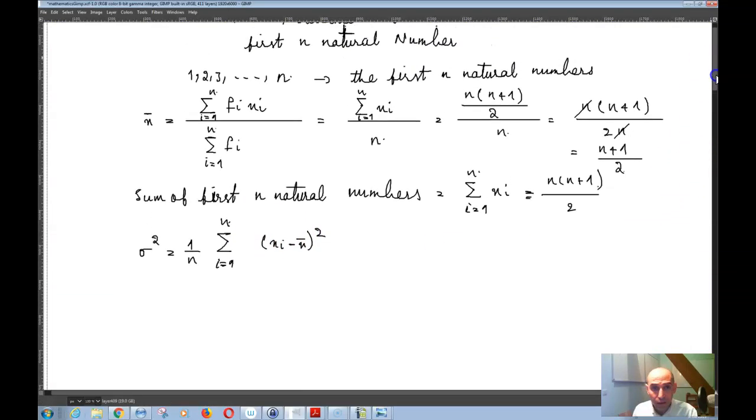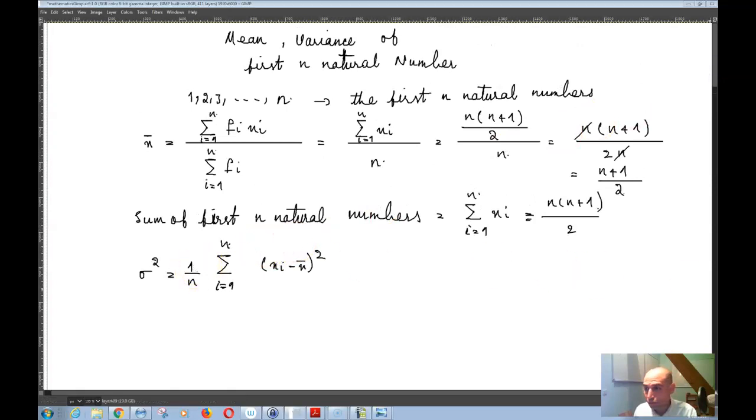So I can write sigma squared is equal to 1 over n, sigma as i goes from 1 to n of x of i minus x bar, where x bar is n plus 1 divided by 2, all raised to the second power, and that's my variance.